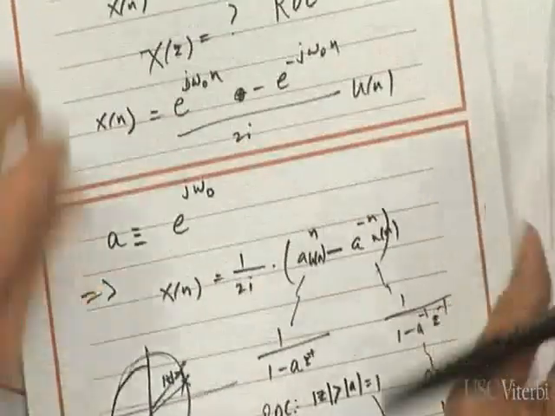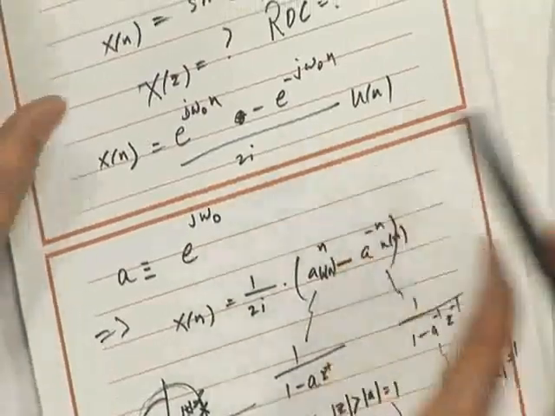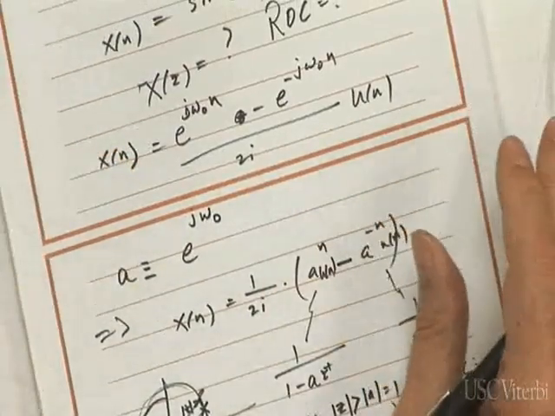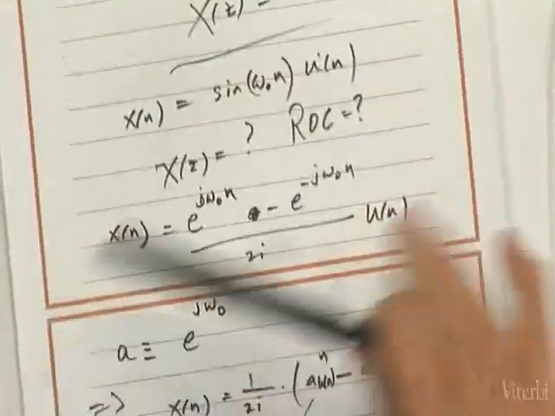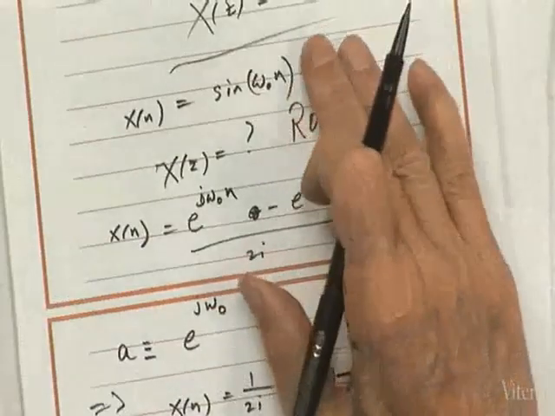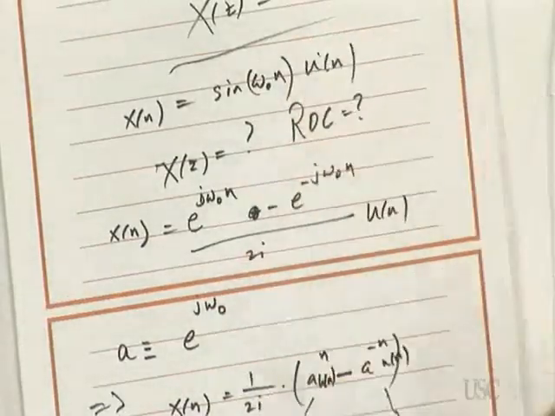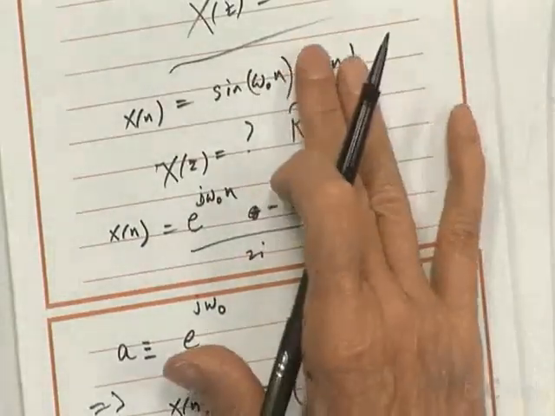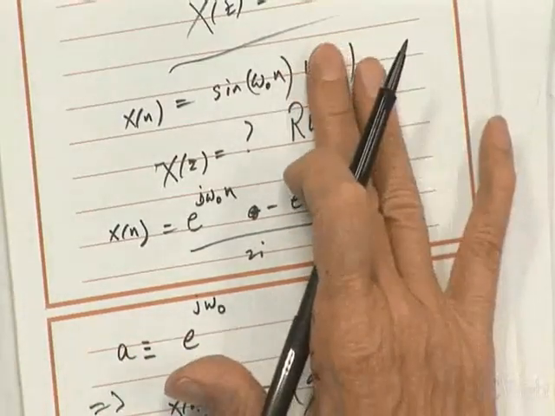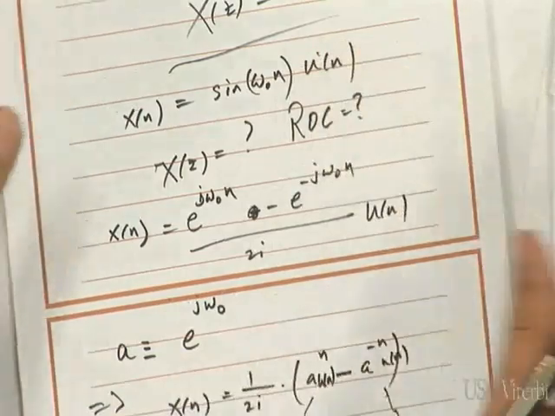So if it really were truly double-sided, in this case, there wouldn't be an ROC. And we know the DTFT of a complete double-sided sequence, in other words if the u of n wasn't here, does kind of exist, but in terms of Dirac delta functions, or generalized functions.